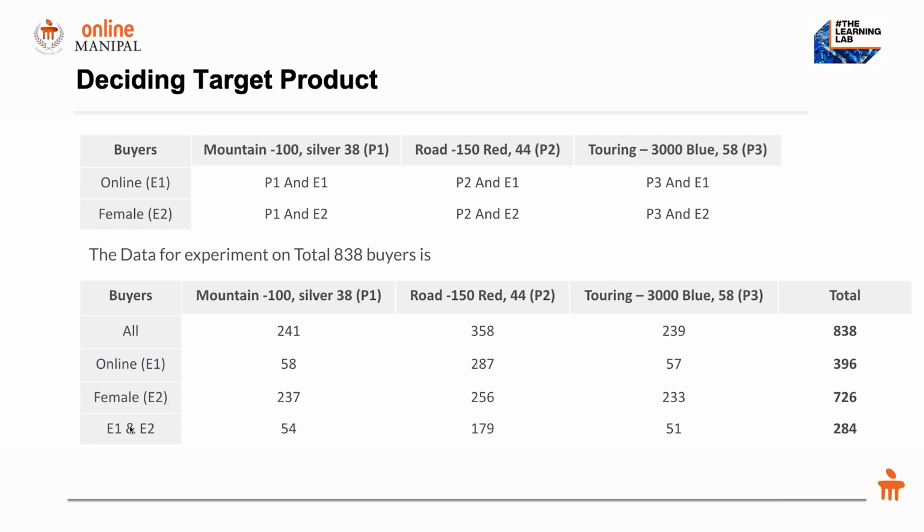Online buyers who were females who purchased product 1 were 54, product 2 were 179, and there were 51 female online buyers who purchased product 3. Using all this data, we can calculate the probabilities of the various outcomes that we designed in table 1 at the top.